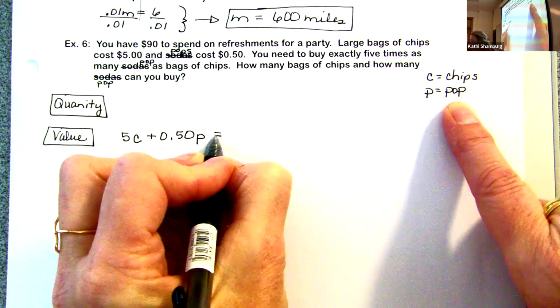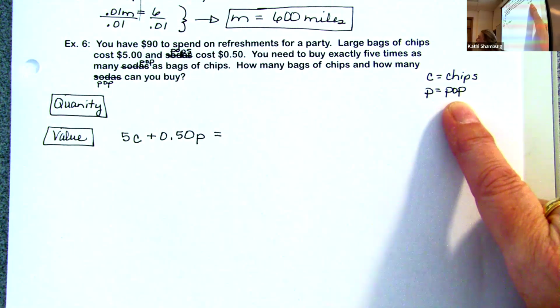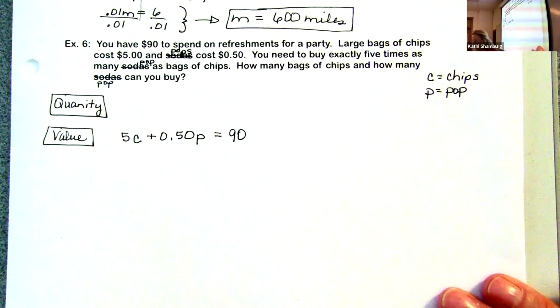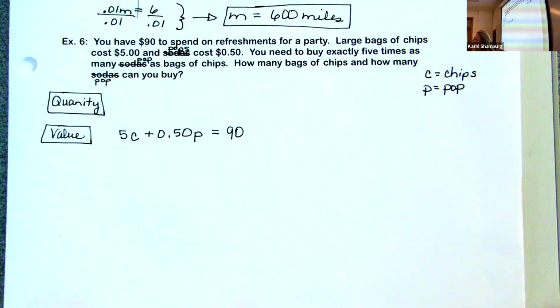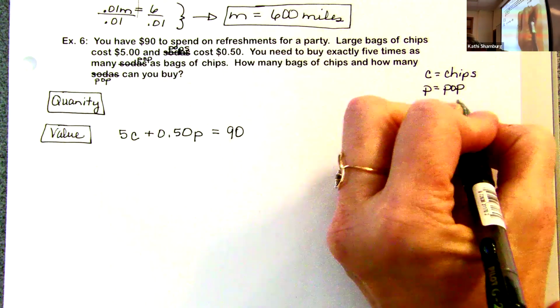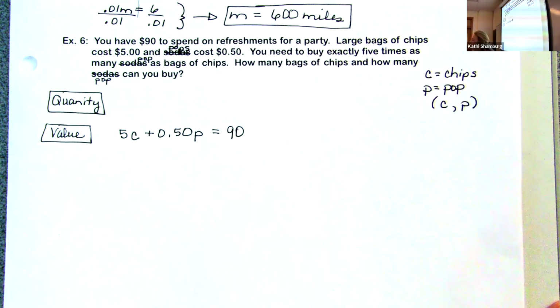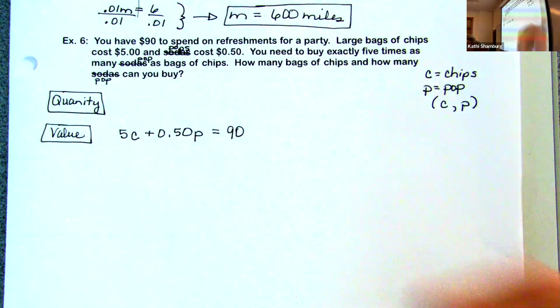All right. Do we know the total value that was spent? $90. All right. Now, here's where this problem is different than the nickel and dime. If they said, we have a total of 100 items, you would do C plus P equals 100, but that's not what we have. Okay. All right. So I need to think through this. Think of these as our variables. If I looked at it in an ordered pair, it would look like this.